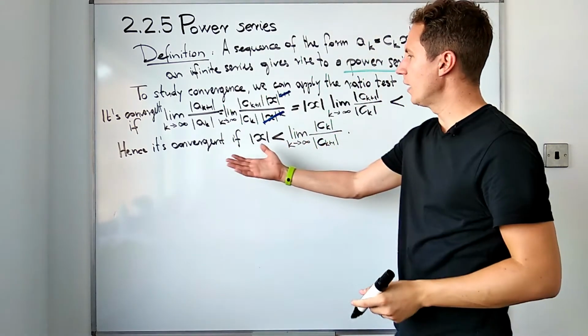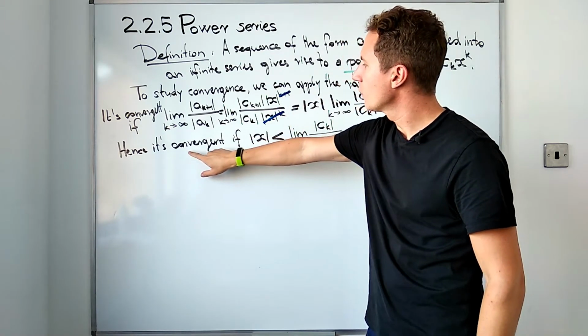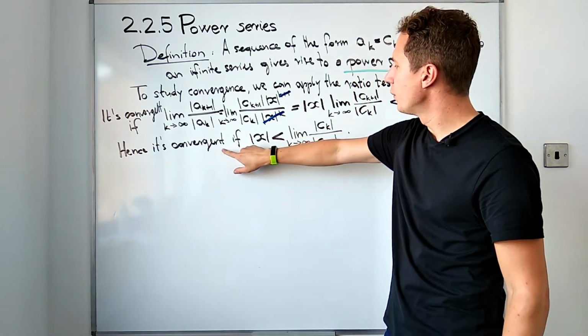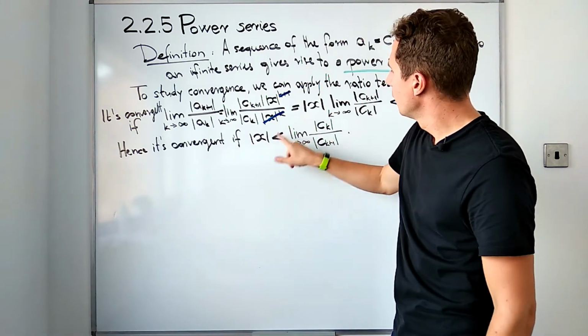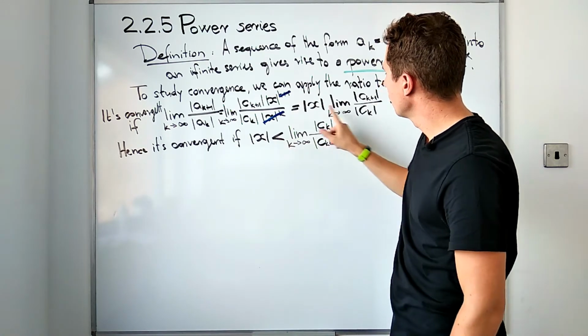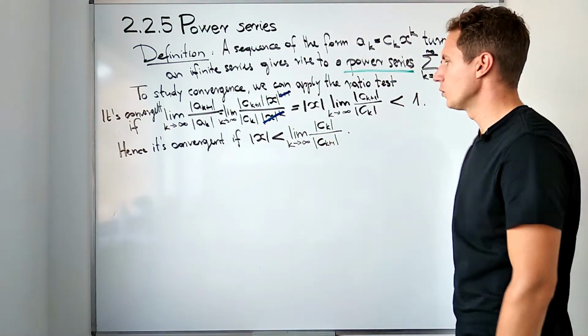Okay, so this is what we have found applying the ratio test to a power series. It gives us that a power series is convergent for values of x which are less than this limit of the ratios of coefficients in absolute value.